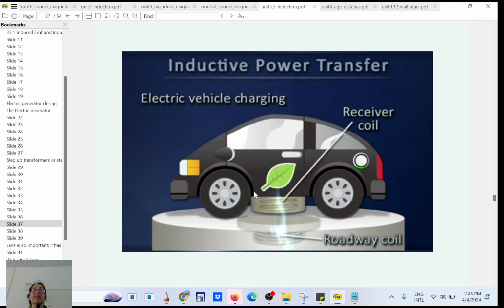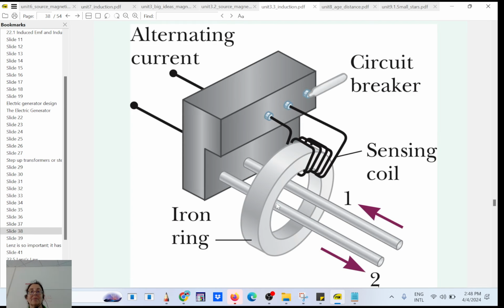This coil will be connected to a battery that you can charge. I'm not convinced about that being green because anyway, electricity or energy has to come from somewhere. So I'm not sure it's really green, but that's just an opinion. But the physics behind it is interesting.